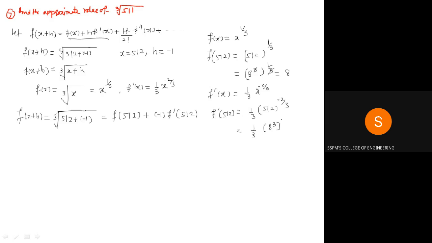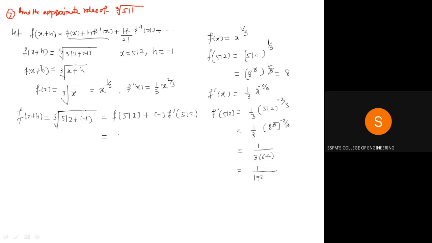So 8 cube raised to -2/3. So 3 और ये 3 cancel होता है. So there will remain 8 raised to -2. And 8 raised to -2 means what? 1/3 times 1/8 square, that is 64. So this simplification will be 1/192. Yes, 1/192. Now substitute these values in this calculation.